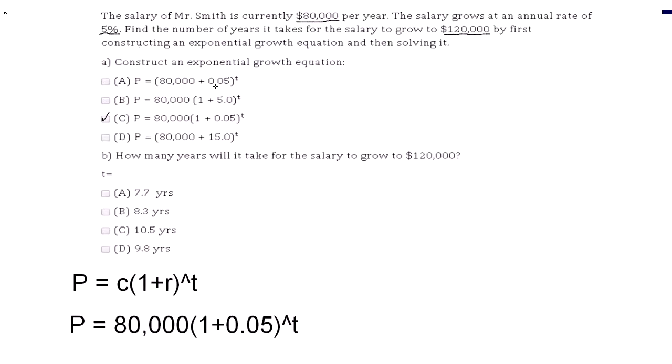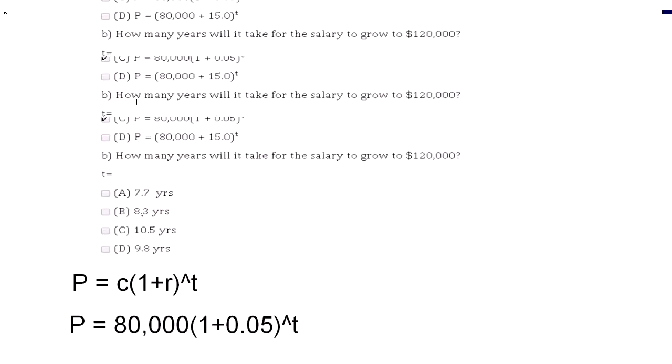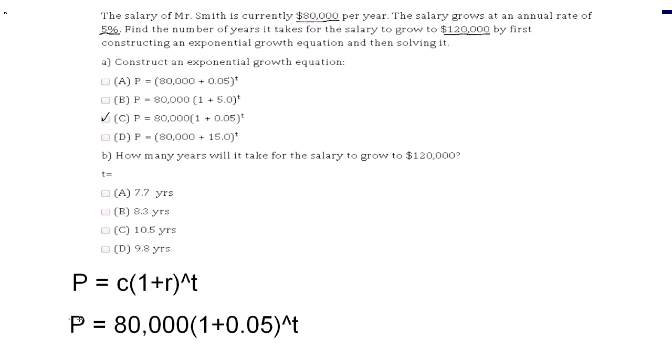Basically what happens after that is you want to log everything. P, like I said, we're going to leave it empty for now, this mysterious variable shrouded in mystery. P is basically the number they're wondering about: when will it hit 120,000, how many years?